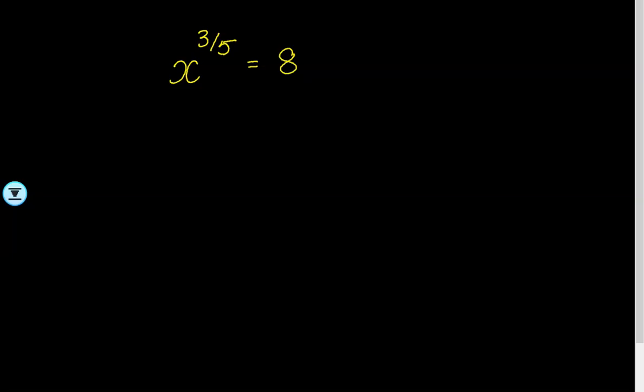I don't know what you mean by write it out. Yep. Would you do 8 to the minus 3/5? You would. So we would. Did everyone hear that? Girls at the back? So to get rid of this, what we want to do is we want to get rid of this.